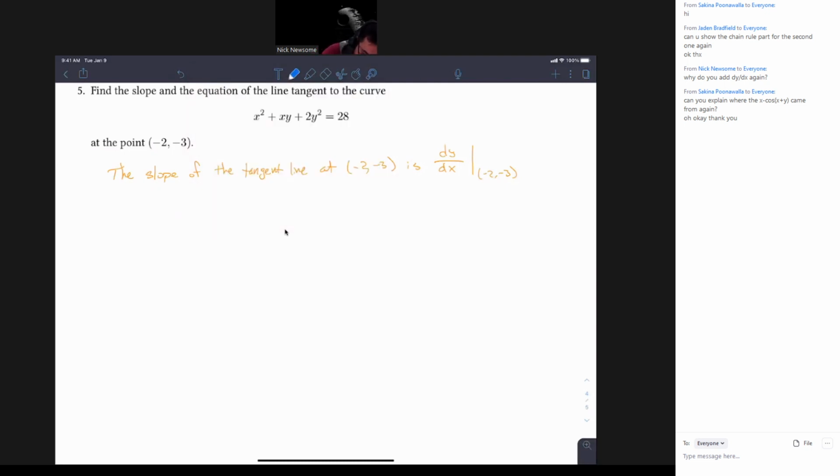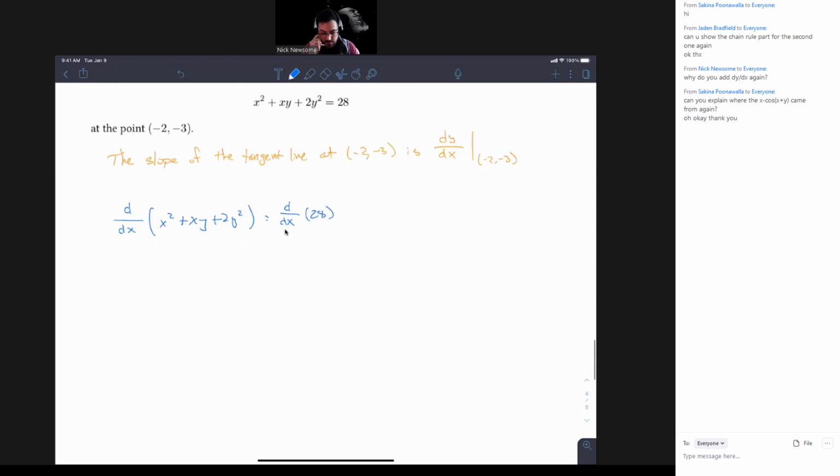We'll take a derivative on both sides. The right-hand side is easy. It's going to be 0. Derivative of a number is just 0. So I'll do that one last.